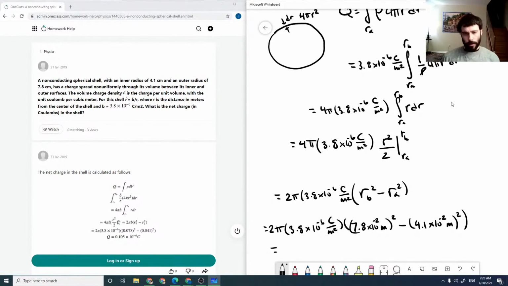And so this comes to 1.051 times 10 to the minus 7 coulombs. So that's our net charge in our shell.